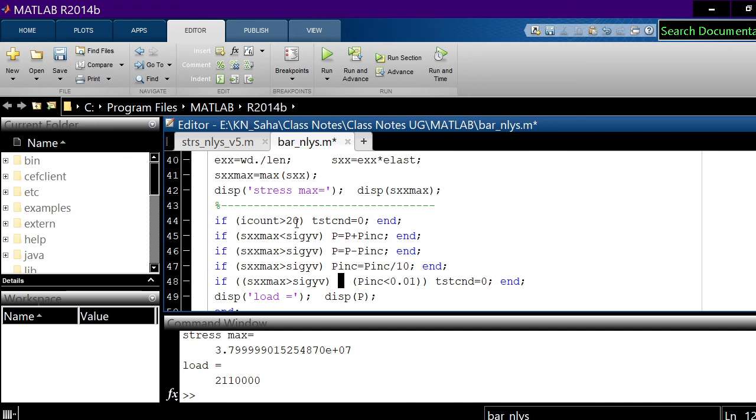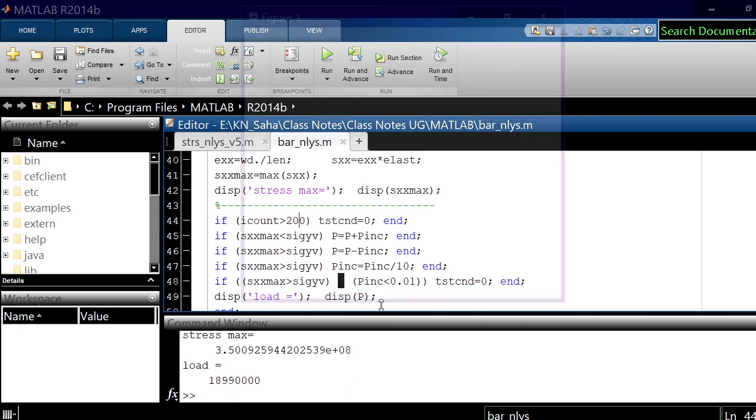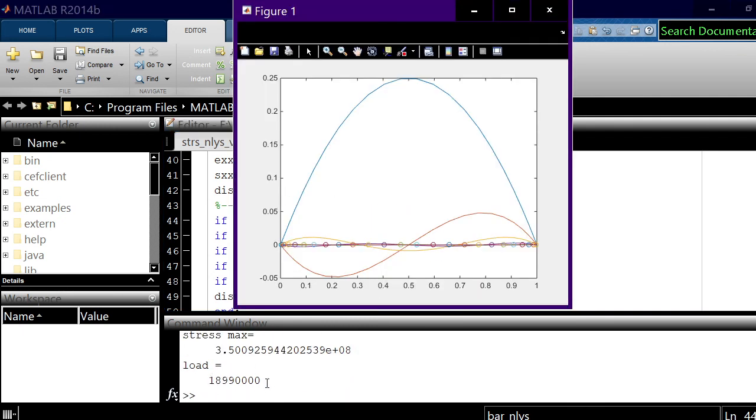Because it is 20, let us make it 200. Let us run this. So again that value has changed. We got some more refinement in the result. And here we have 7 functions.